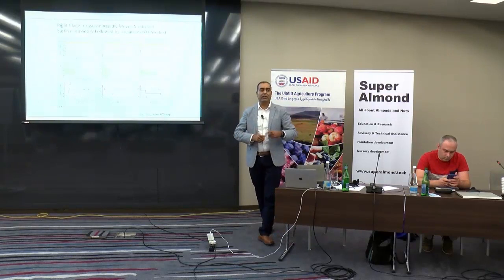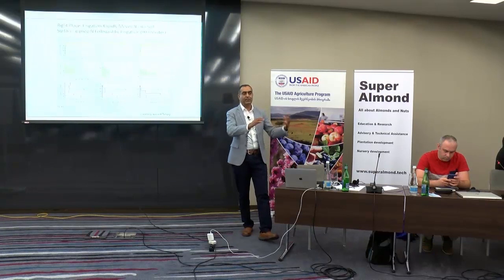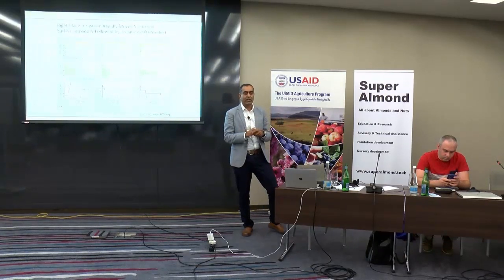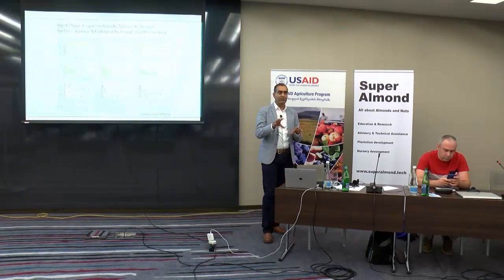Another is salinity. In a lot of areas, because we are pumping groundwater out, which is loaded with salts, there are more and more acres of California that are coming under salts, especially in pistachio and almond growing regions.